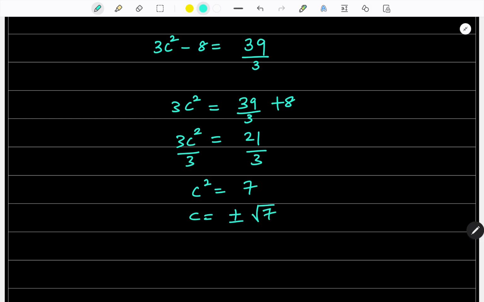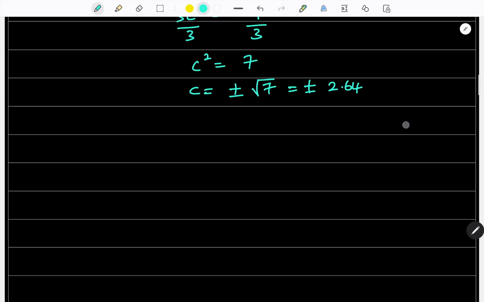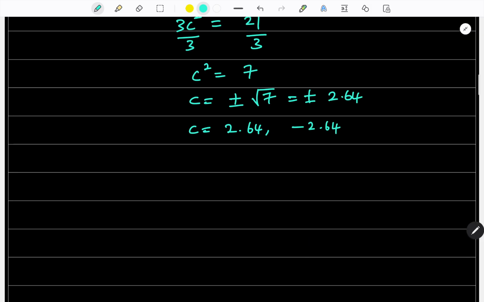So what is the square root of 7? Let me check. In decimal, it is equal to plus or minus 2.64. So c is equal to 2.64, minus 2.64. What is our job?